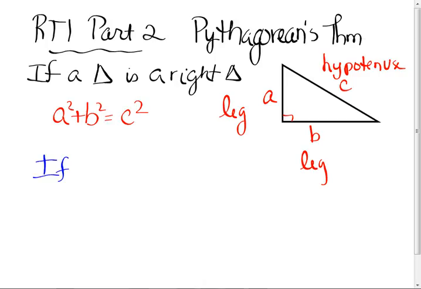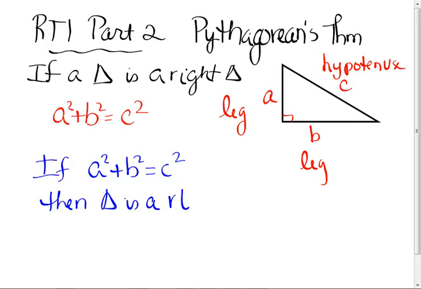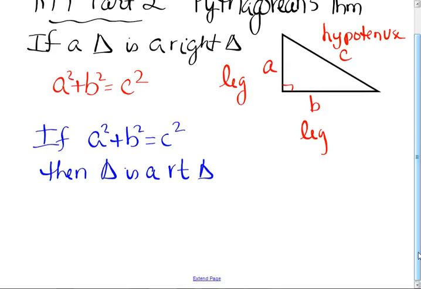Okay guys, if I have a triangle and I know the three sides, A, B, and C, and I get A squared plus B squared equals C squared, then I know it's a right triangle. It's the converse. Well, that's the first 2 lessons. We had 4, 5, 6. I guess we had 3. Then we had distance formula.